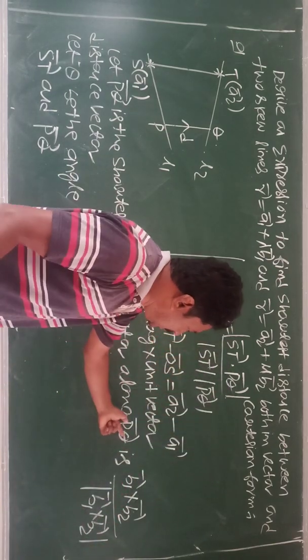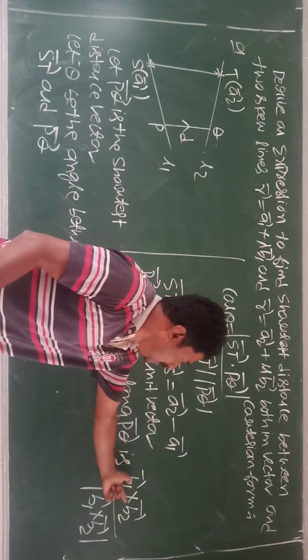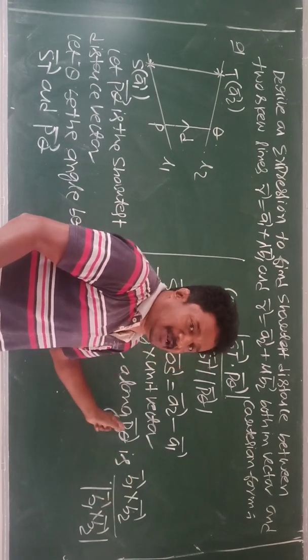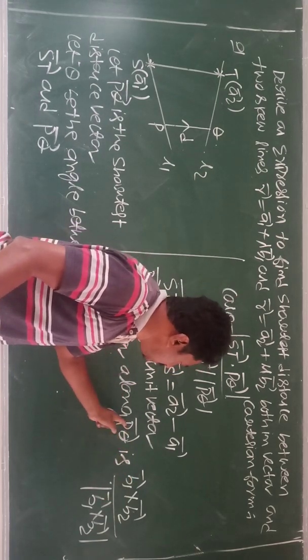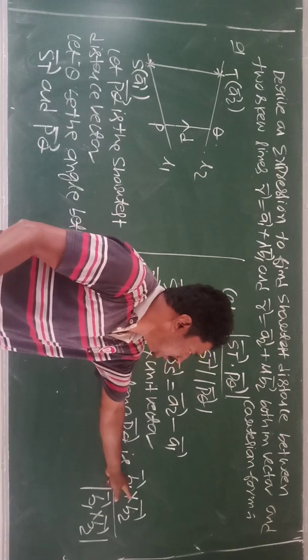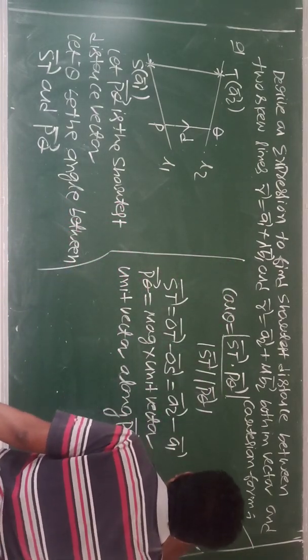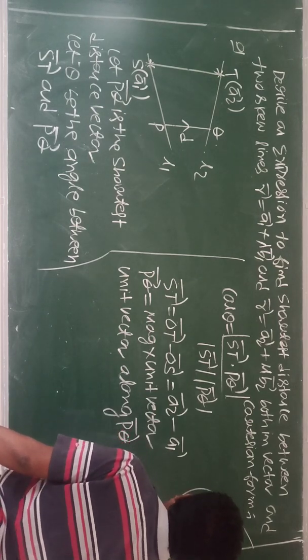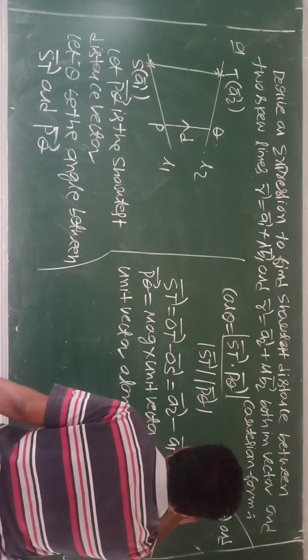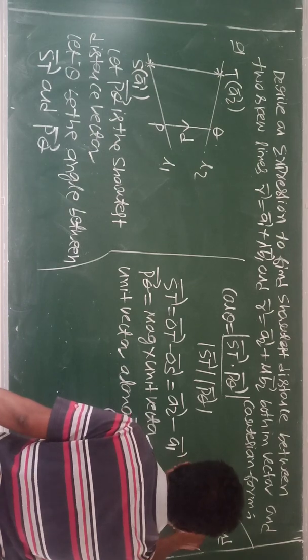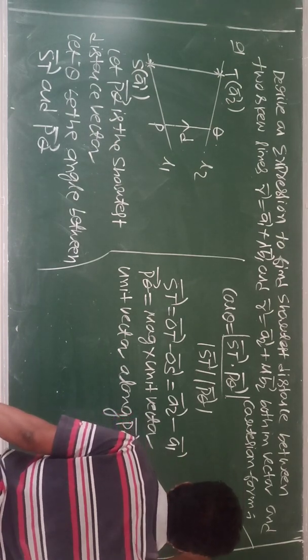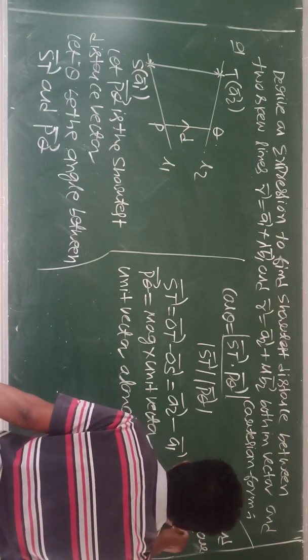Vector PQ and B1 cross B2 are parallel vectors. If you wish, I write PQ and B1 cross B2 are parallel.